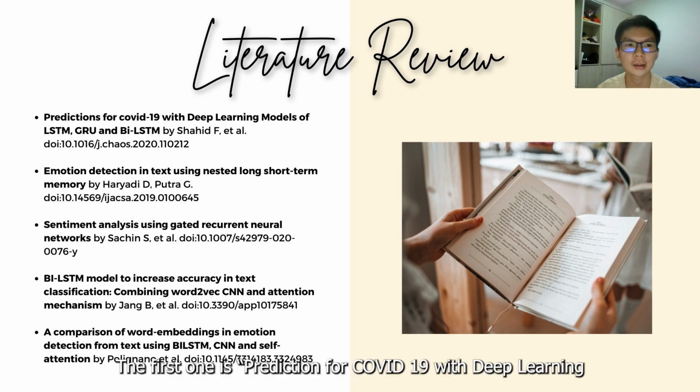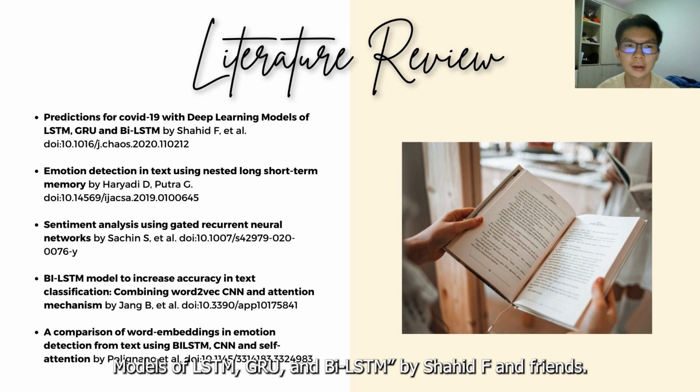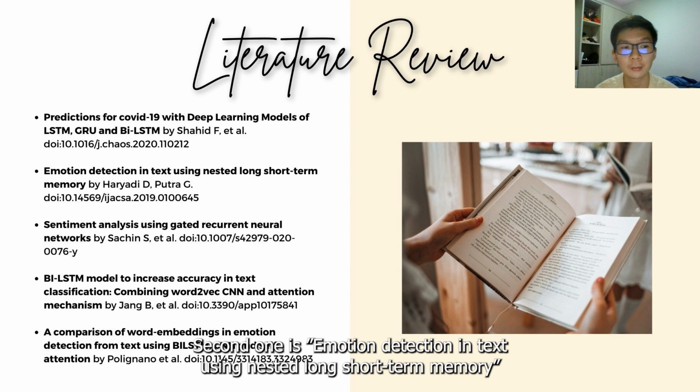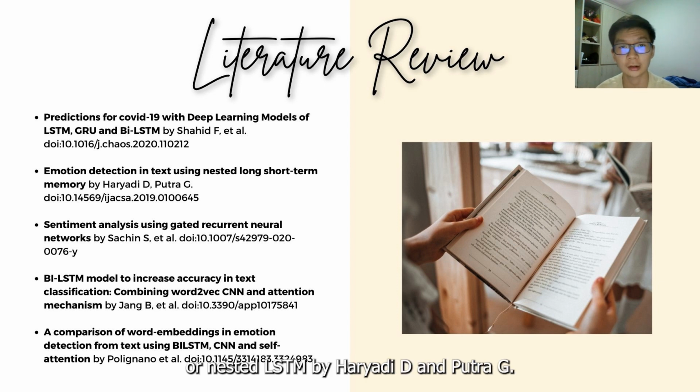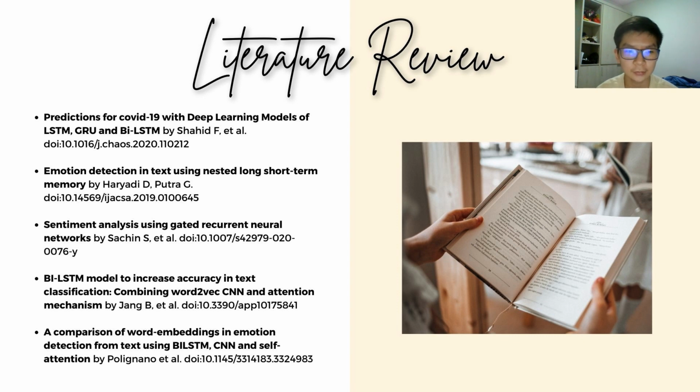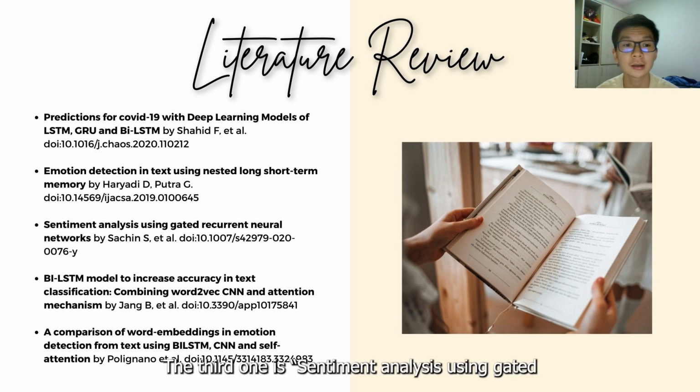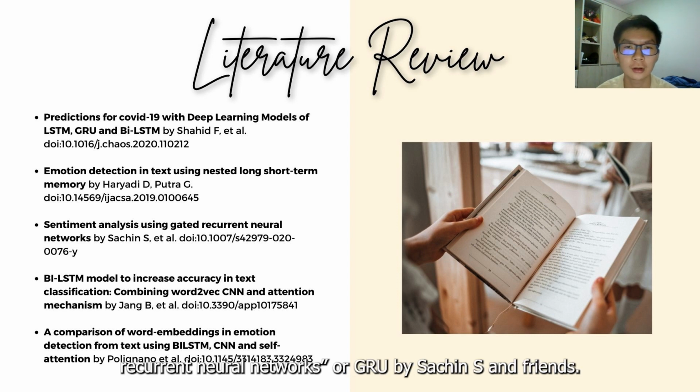The first one is prediction for COVID-19 with deep learning models of LSTM, GRU, and BLSTM by Shahid F. and friends. Second one is emotion detection in text using nested long short-term memory or nested LSTM by Haryadi D and Putra G. The third one is sentiment analysis using gated recurrent neural network or GRU by Sachin S and friends.